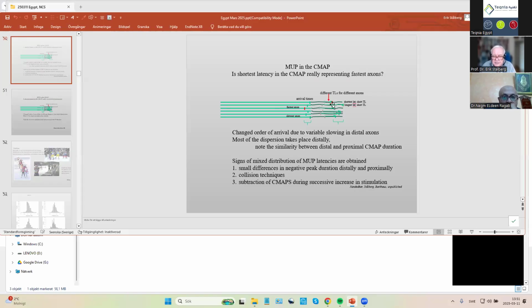And the difference between the obtained latency and the mathematically expected one is called the residual latency. And that has been used by some people instead of the other measures. So it is again an indicator that the velocity is not the same here as here. The residual latency says it takes longer time than we expect.